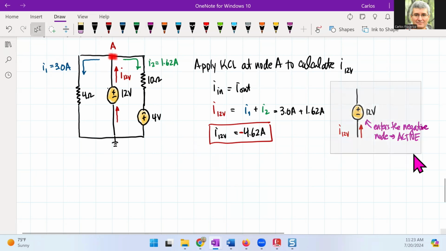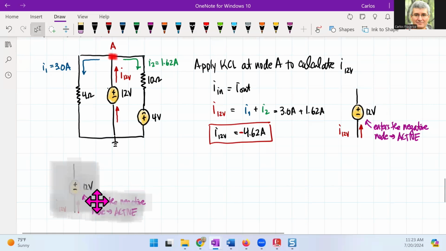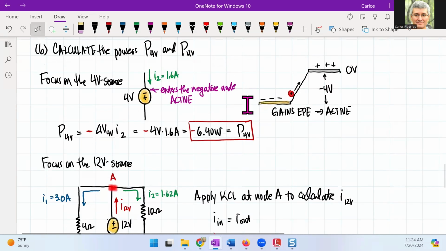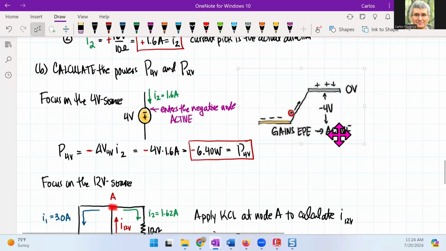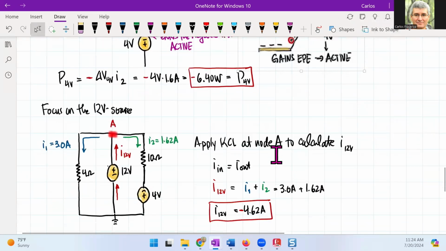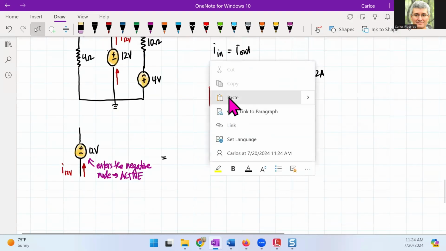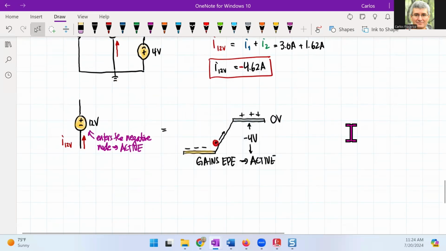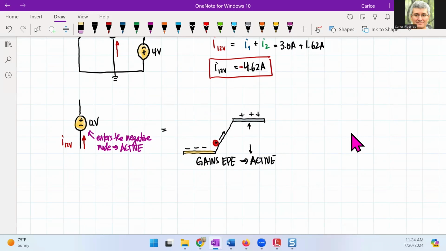So you know what? I think I'm going to move this over here. So if that's the case, once again, my picture has to be the same picture as this guy. We'll have to modify this a little bit. Instead of that being negative, we have this here. So now we're switching this guy. This is not negative. This is now positive. And what's that positive value? That positive value is 12 volts.